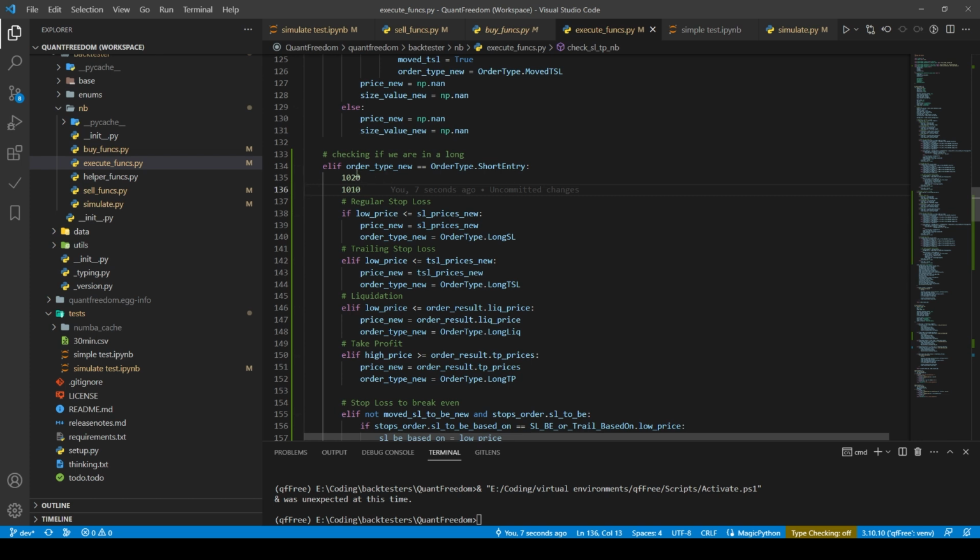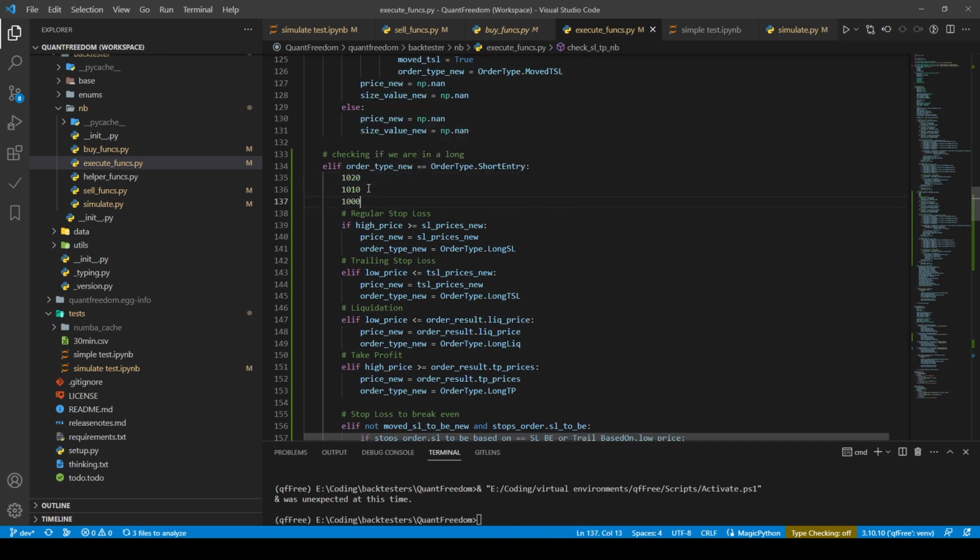Right? So if our high price, as we are coming up, and our stop loss is here, if our high price is higher than this, right? So we have 1,000 down here. If the high is 1,000, then clearly it's not greater than 1010.